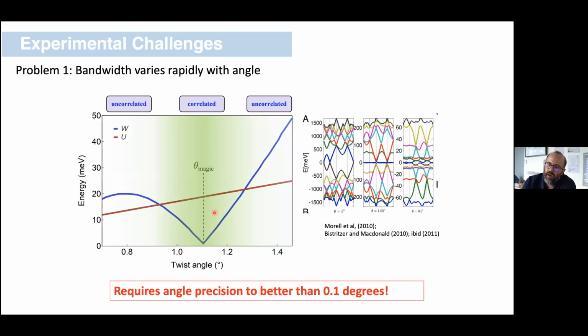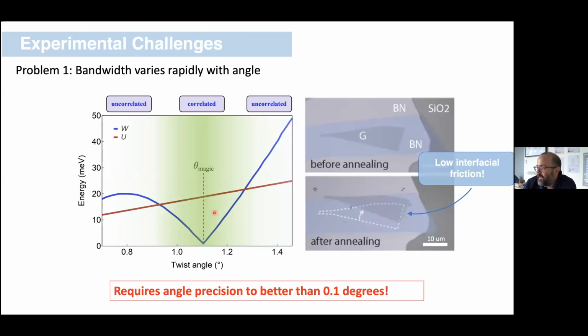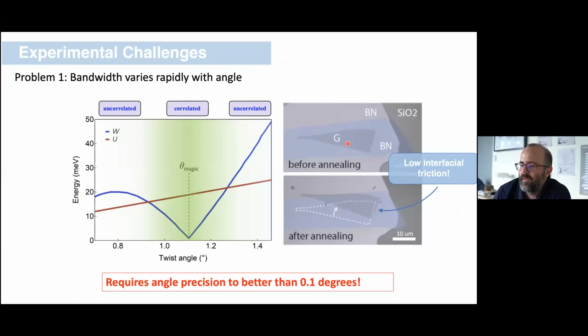And you might say, well, we have precise micrometers and we can build stages, we can position things with near atomic precision, but it can translate by microns, it can rotate by tens of degrees, et cetera.